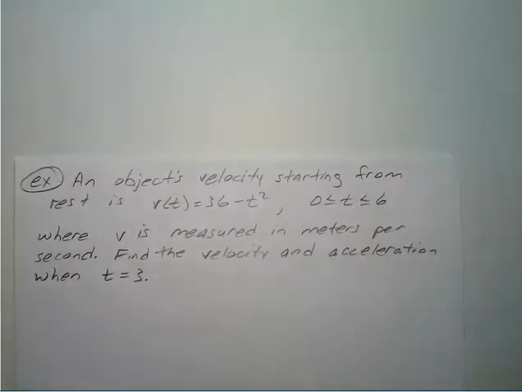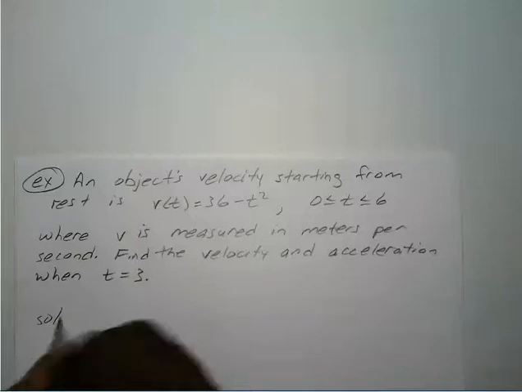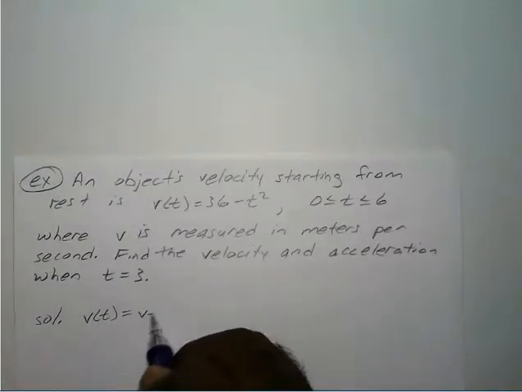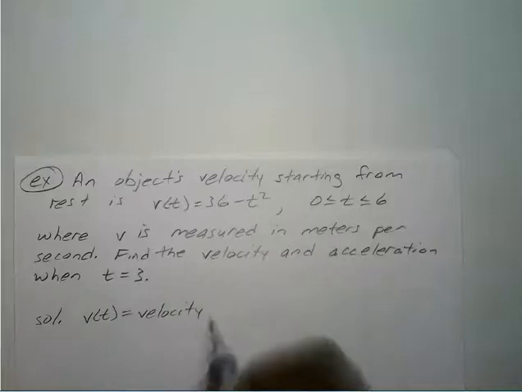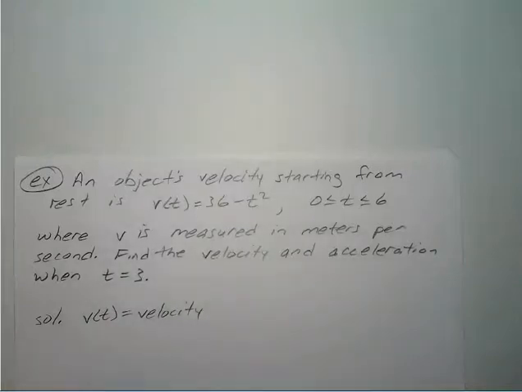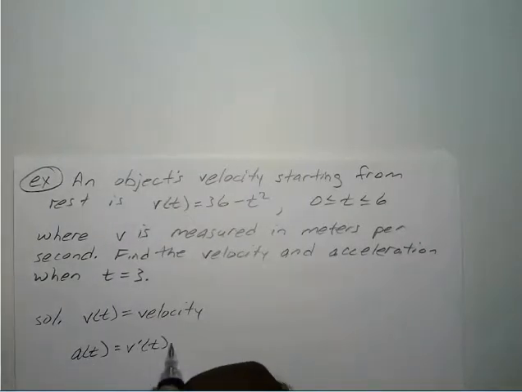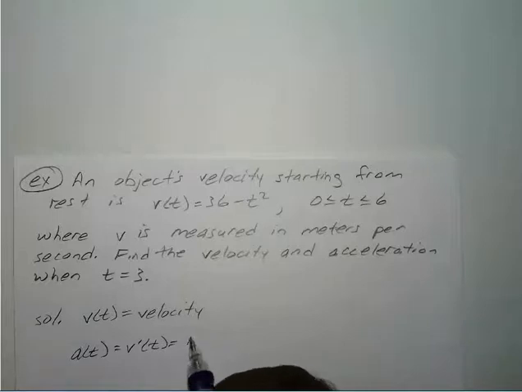All right, so to do this, we have to understand that v of t is our velocity function. And the derivative of our velocity function is our acceleration function.